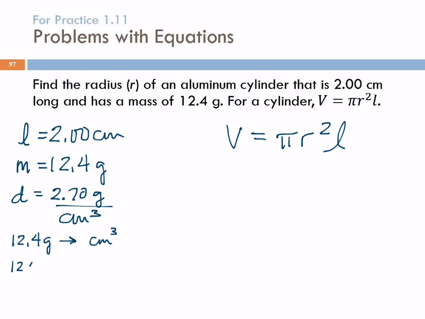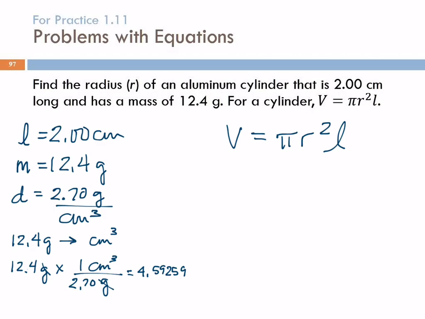So 12.4 grams, we want to multiply by cubic centimeters and divide by grams. The density, 2.70, goes with grams. That's on the bottom. 1 centimeter on top. 12.4 divided by 2.7 equals 4.59259, and some other stuff.